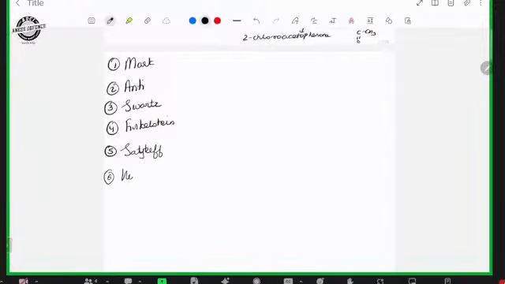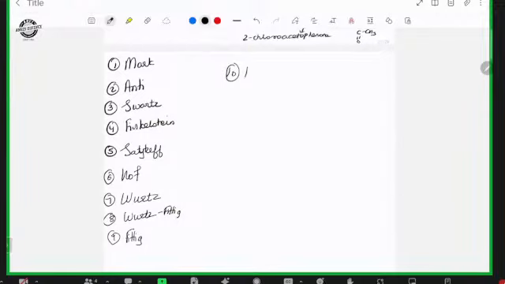Sixth was Hofmann. Seventh was Wurtz reaction. Eighth was Wurtz-Fittig. Ninth was Fittig. Tenth was Friedel-Crafts alkylation as well as acylation. So these are the 10 name reactions which we have studied in this chapter.